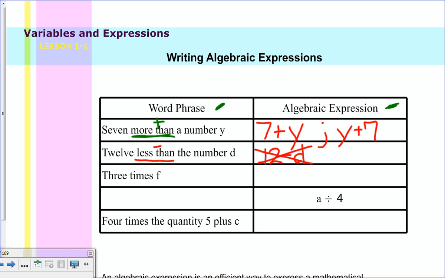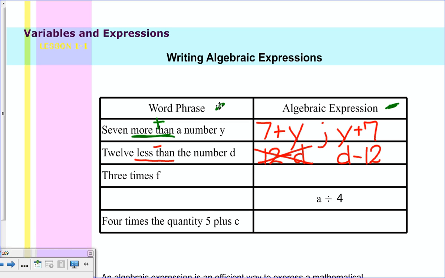But that is not right, because we have 12 less than the number d. So you're basically taking d and subtracting 12 from it, because it's 12 less than that. Those are not the same things. So when you subtract and divide, actually, you need to be careful to write it in the right order. Adding or timesing doesn't really matter.